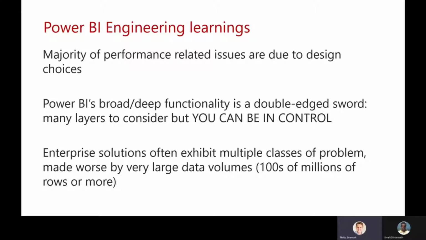And of course, when you scale up to enterprise size solutions with very large data volumes and lots of users, think of Monday morning when you have 10, 50 or 100 users all hitting a report that sits on several hundred millions of rows, then you really need to make sure everything is tuned efficiently to get the best results.